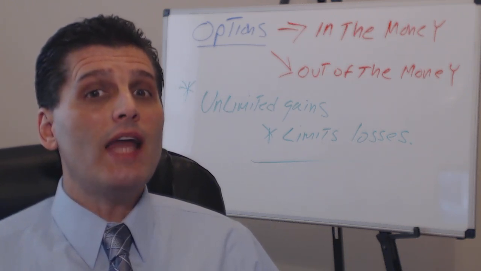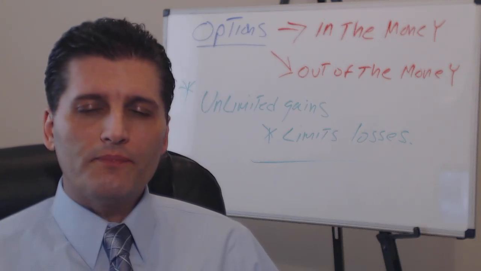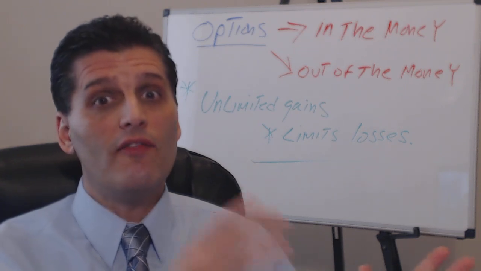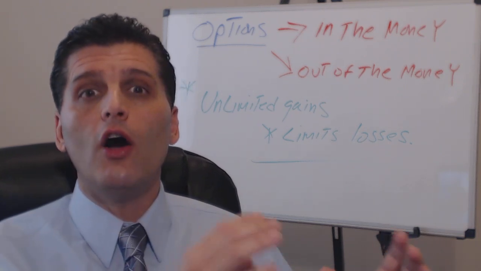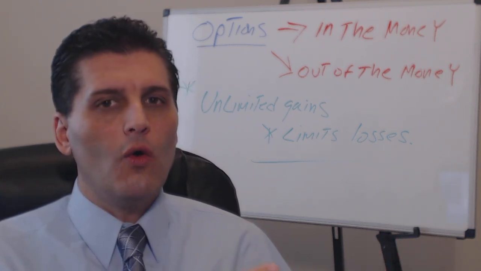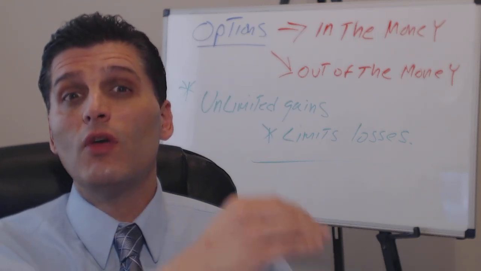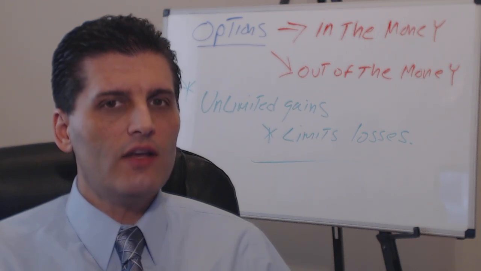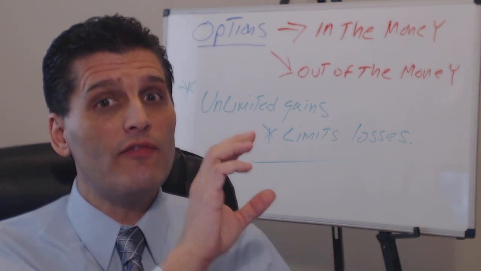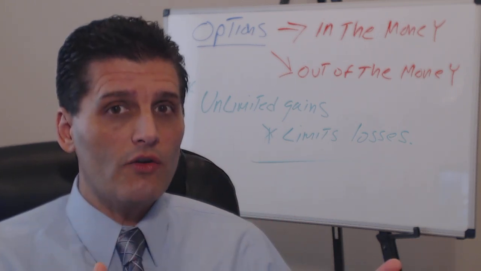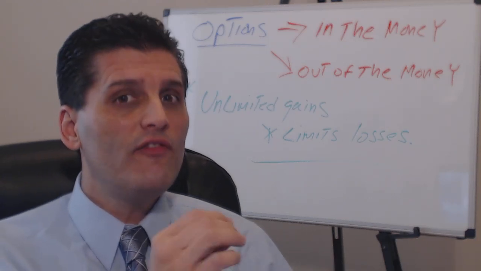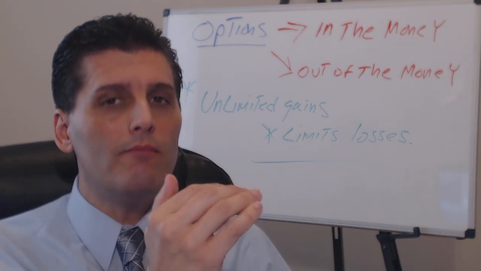If you were to buy an option with a strike price of 50, July 50 call, and the underlying asset was already at, say, 51, you're already in the money. You understand? Because the underlying asset is already at $51. You're buying a call with a strike price of 50, so you're in the money already.